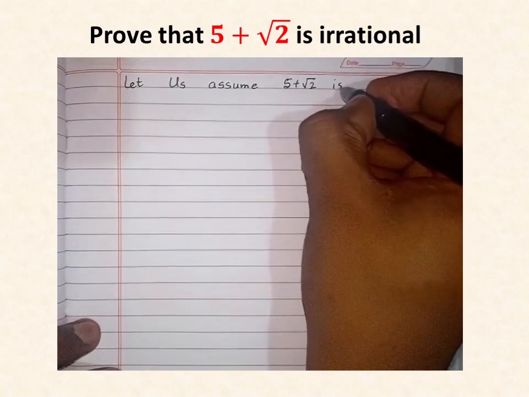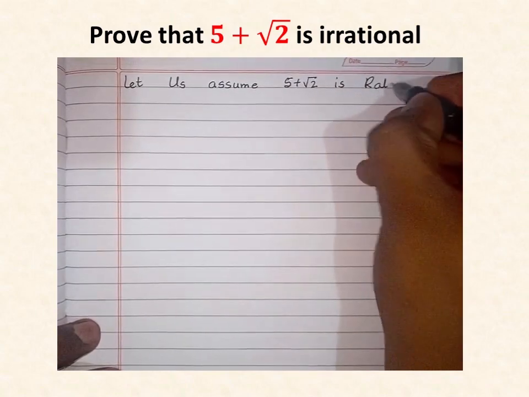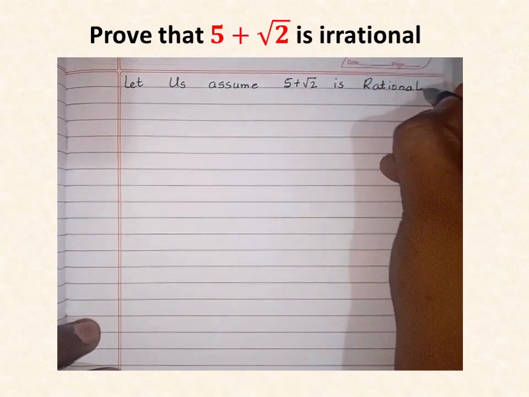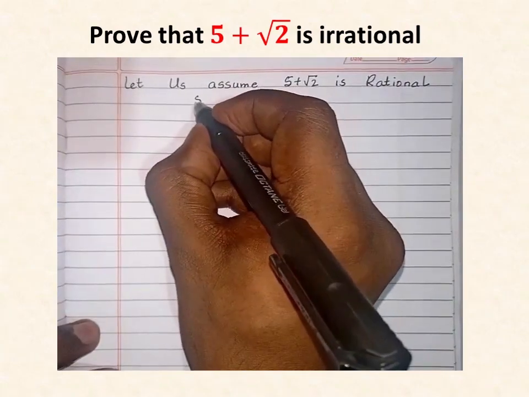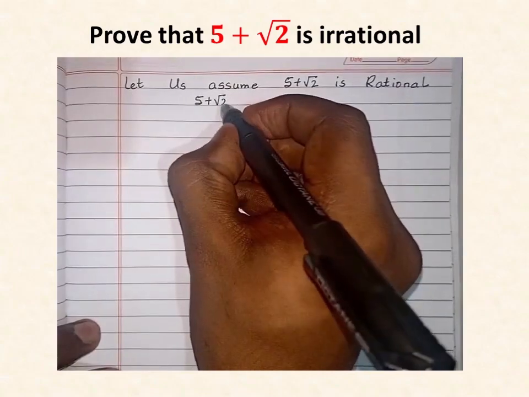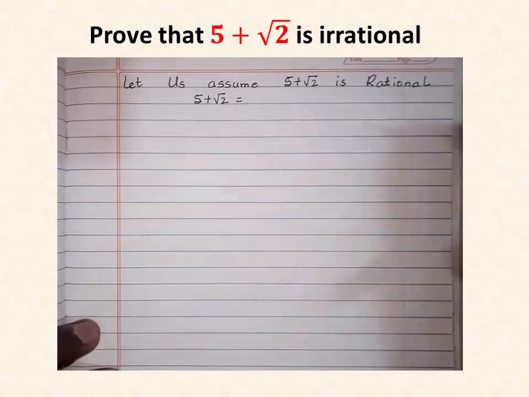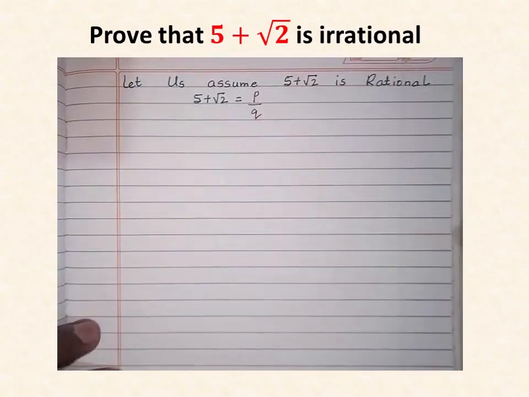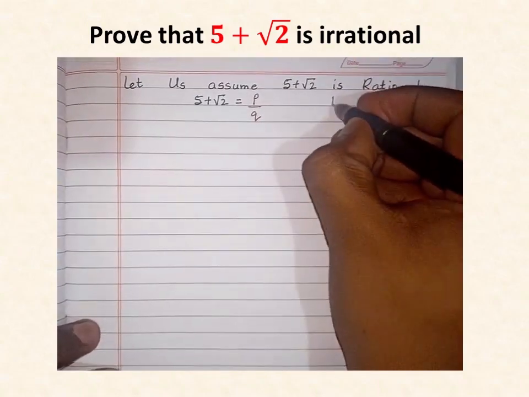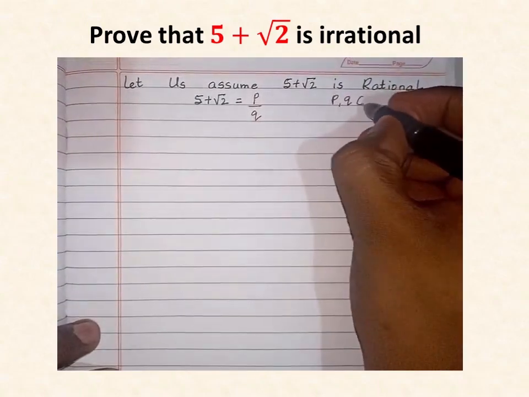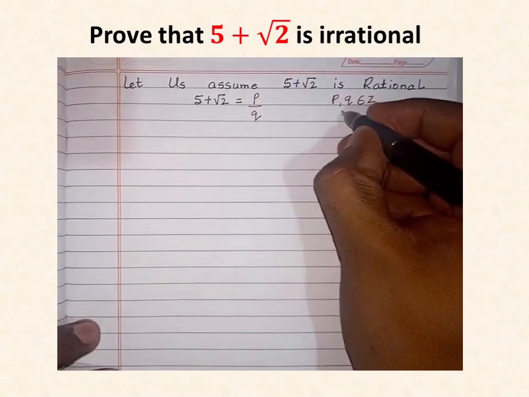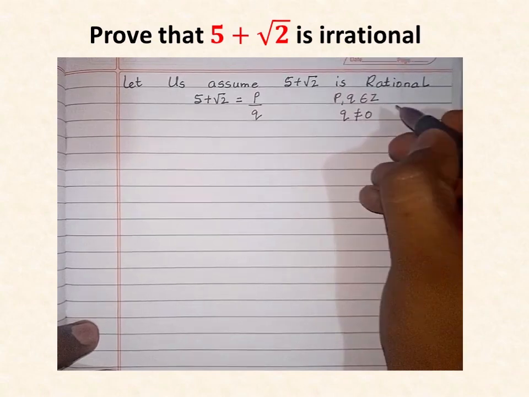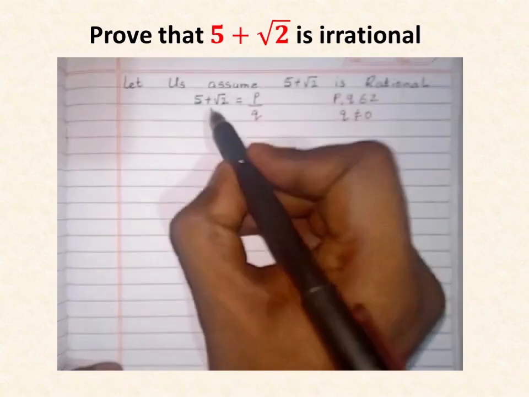So rational number will be of the form P by Q. Therefore, 5 plus root 2 equals P by Q. That is a fraction form, where P and Q are integers, P and Q belong to Z. Q should not be equal to 0. The important condition, Q should not be equal to 0.